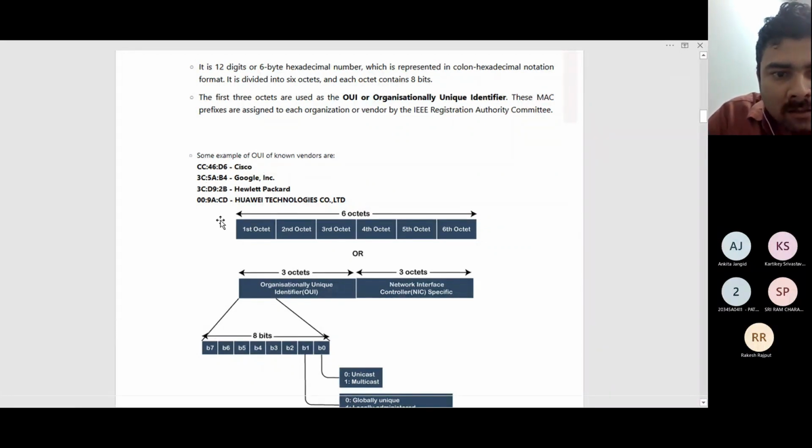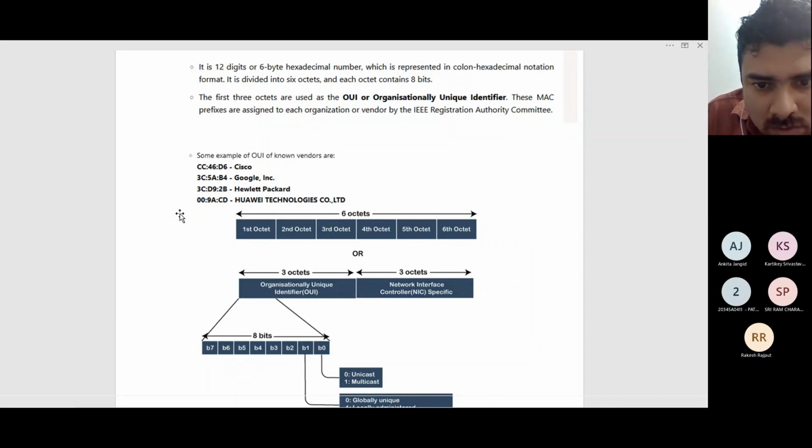Then the second one, 3C:5A:B4, is Google Inc. The third one, 3C:D9:2B, is HP, Hewlett Packard. And the fourth one, 00:9A:CD, is Huawei Technologies.